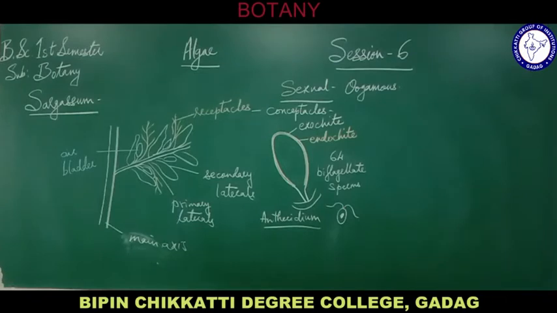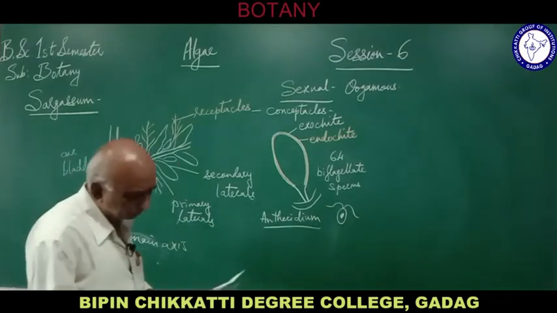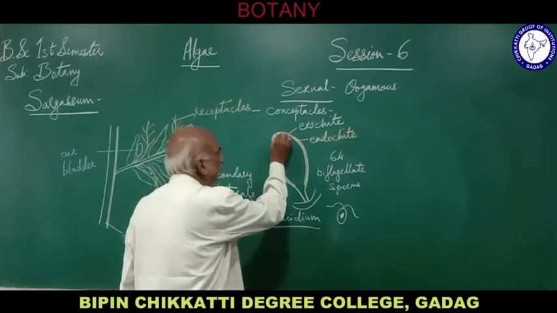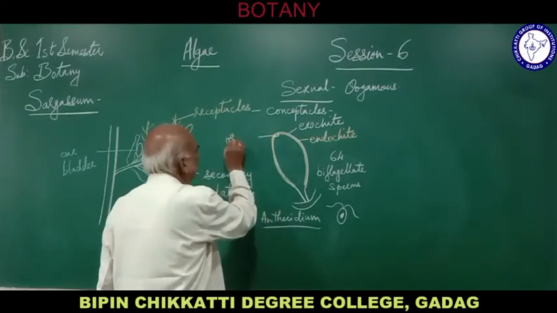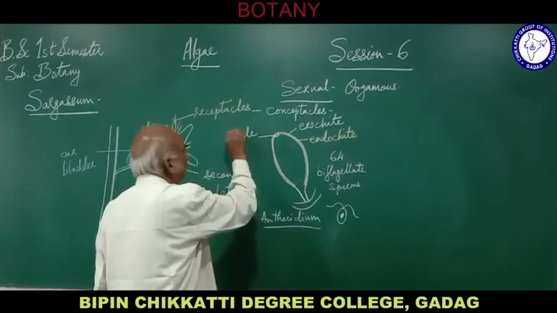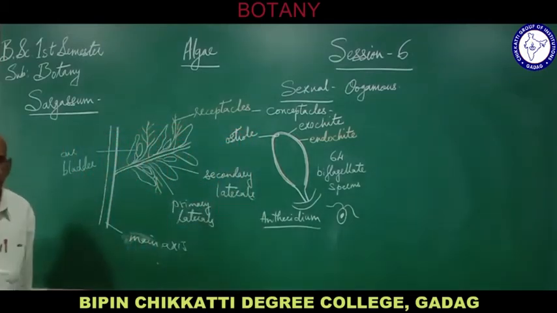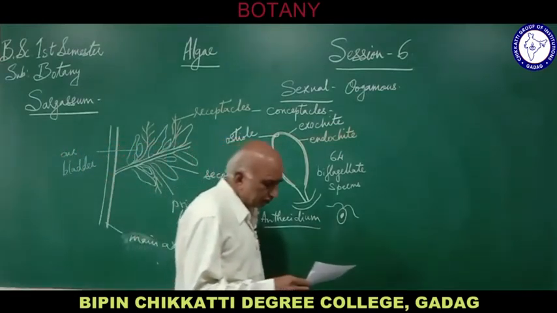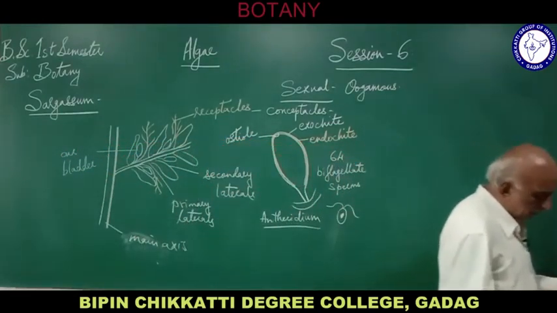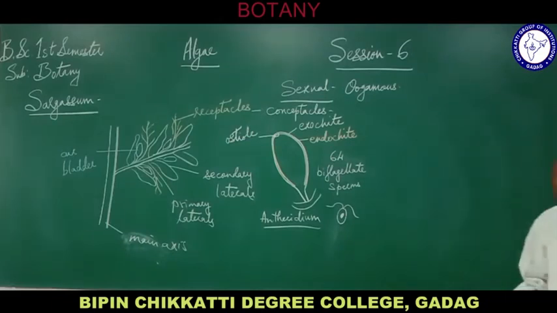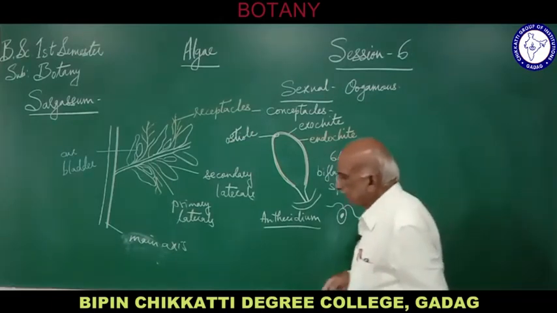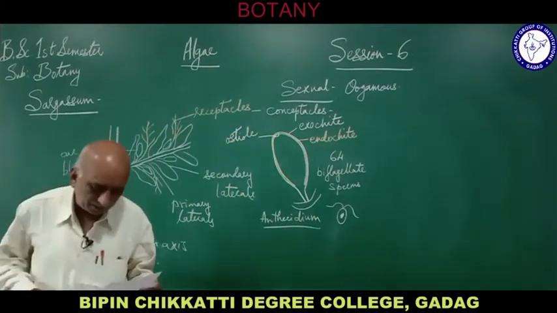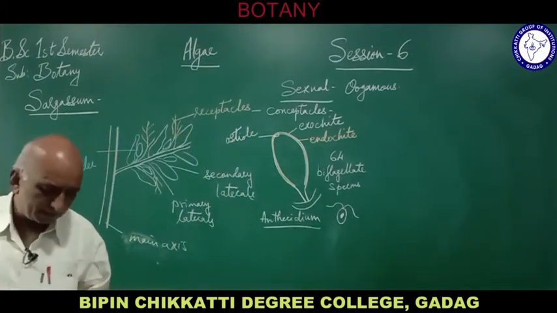So these sperms, they come out through an opening of the antheridium, which is called as the ostiole. The antheridium is having a small opening through which the biflagellate male gametes come out.